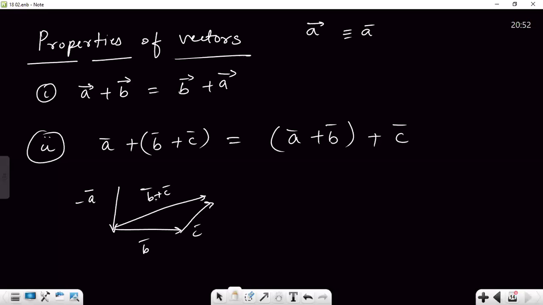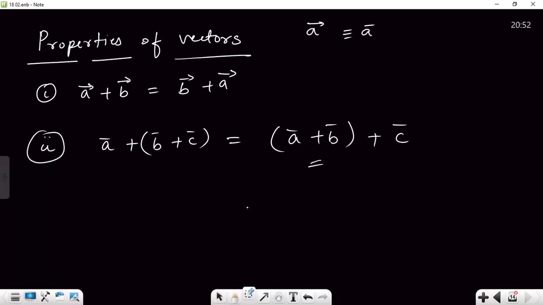And then we'll add. And what is written here is that after we have taken the vector addition of A and B, and then it is further added to C, that is equivalent to the left hand side. Any doubts? No, sir.